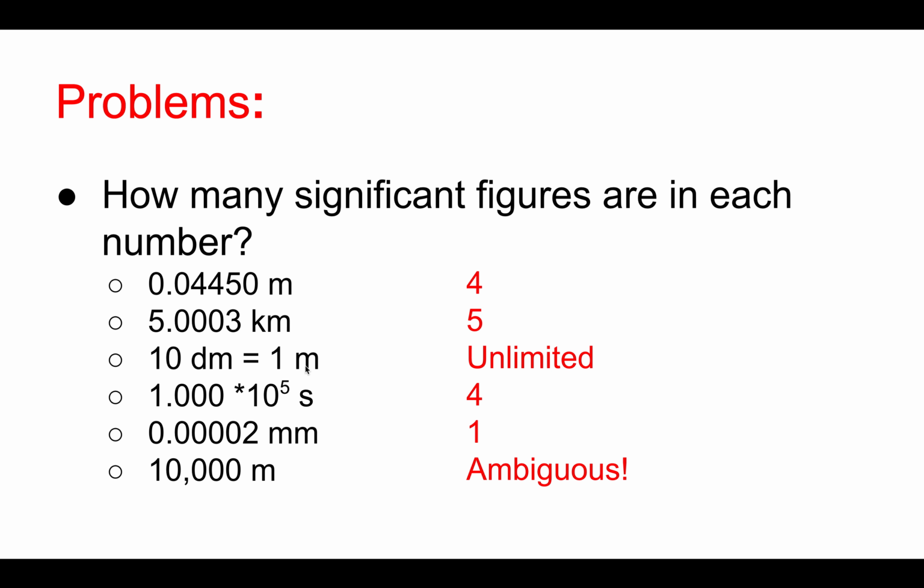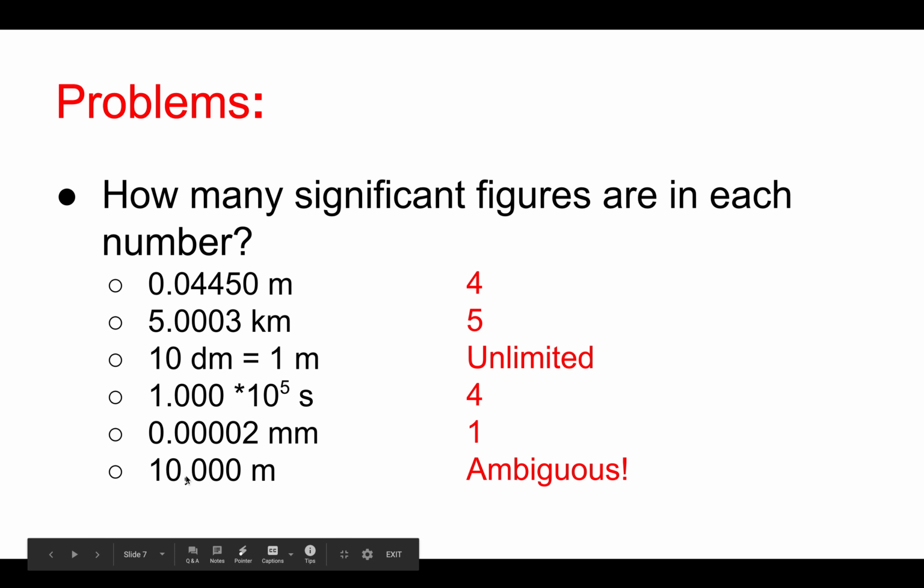This has unlimited because it's a defined quantity. 1, 2, 3, 4. Just one in this number here, just one significant figure. These are leading zeros. These are not significant. And in this number here, again, ambiguous. We don't know if those 4 zeros are significant or not.